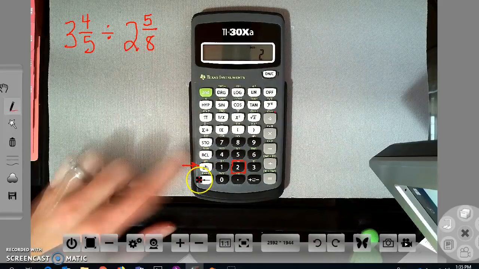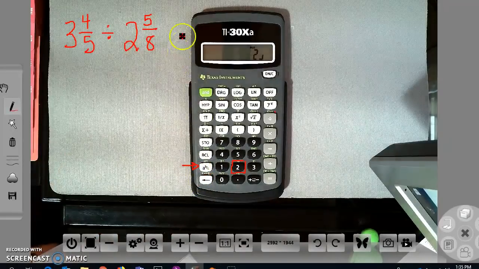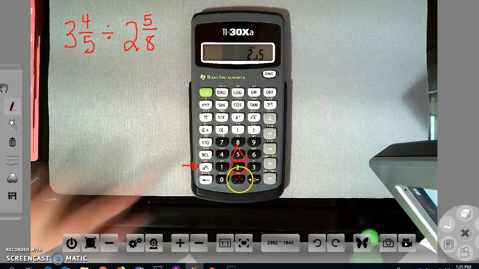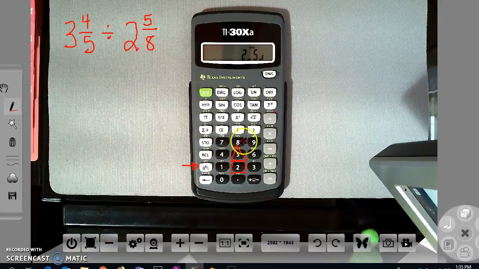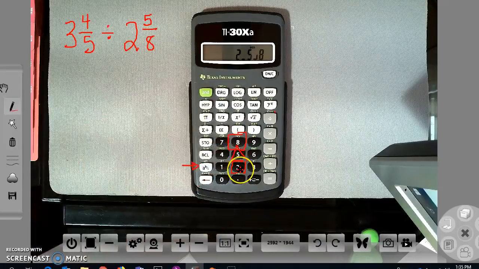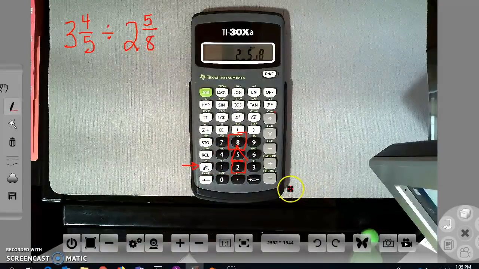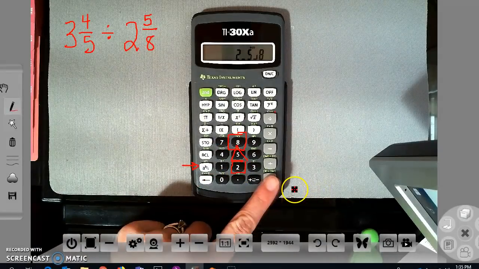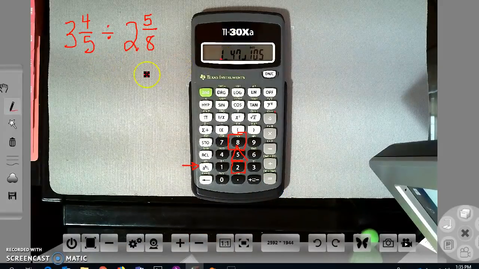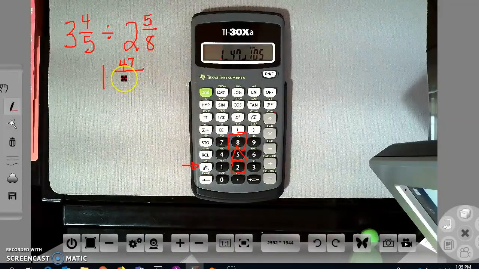Press the fraction button, place your numerator in, fraction button, and then the 8. And then press equals. And your whole number is 1. Your numerator is 47. And your denominator is 105.